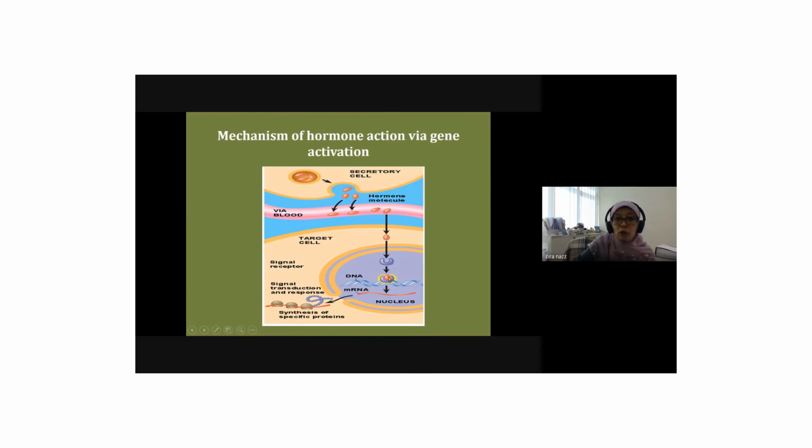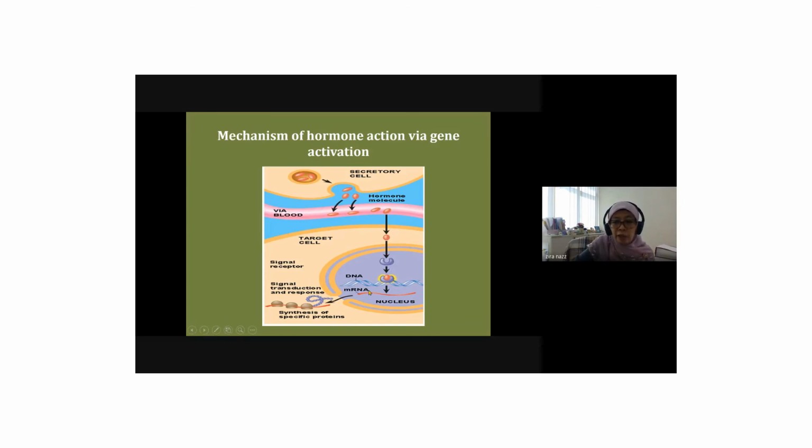Then the hormone receptor complex binds to the DNA, the double strand DNA, which comprises two polynucleotide strands. When it binds to DNA, it will trigger the transcription process. The transcription process converts the DNA to mRNA, which is messenger RNA. mRNA is a single polynucleotide strand.